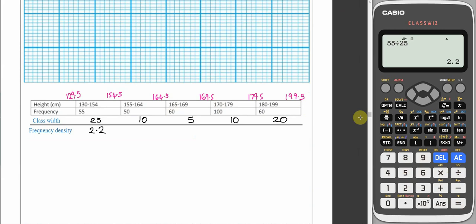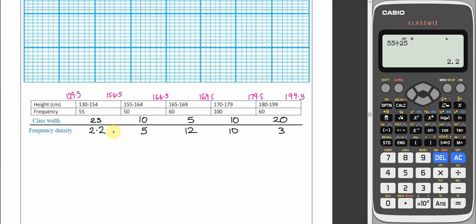These numbers are easiest written down as decimals rather than fractions. The next group and the third and so on. So finish this row, work out all the frequency densities. There we go, that's the frequency densities done.